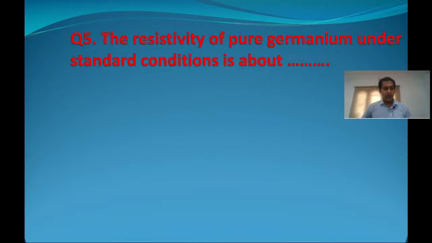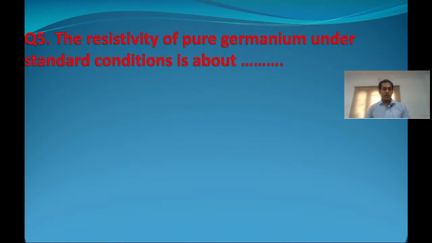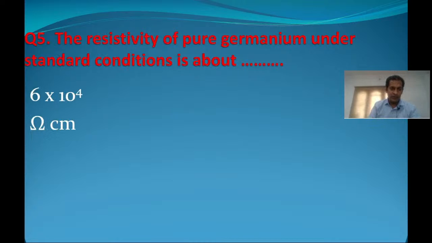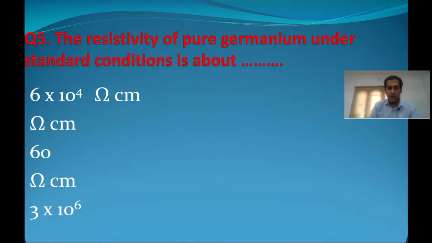Let us move to the next question. The next question is, the resistivity of pure germanium under standard conditions is about. So what is the resistivity? This is some table we have given in the introduction videos at the beginning. While going for any objective examination, you have to prepare in such a way that you think which type of questions will appear.